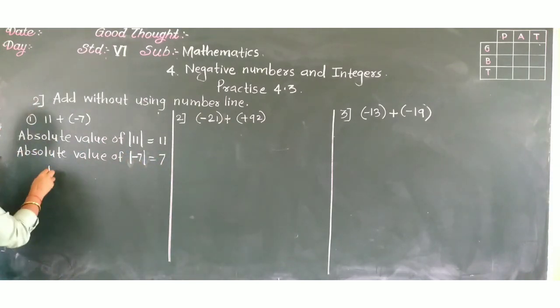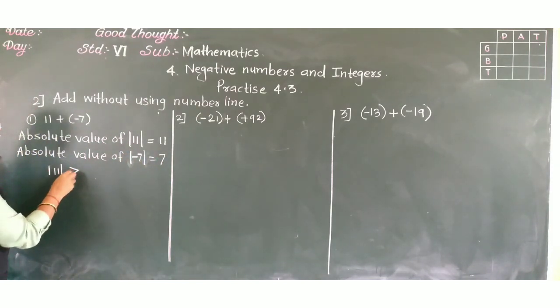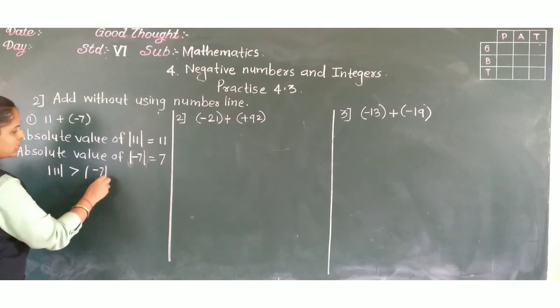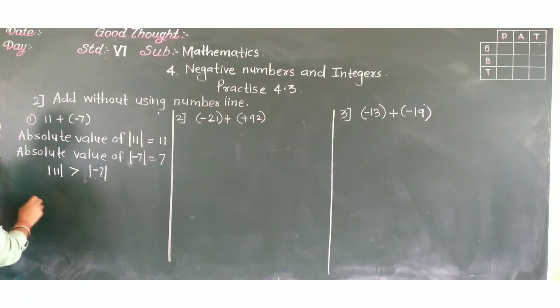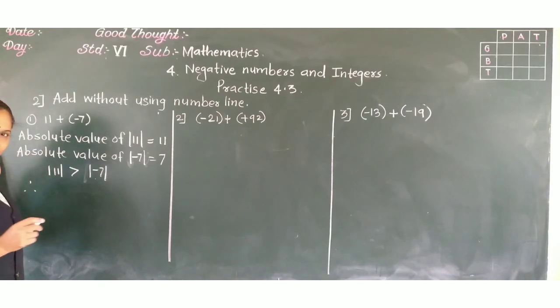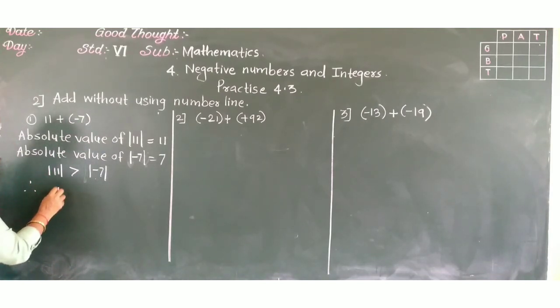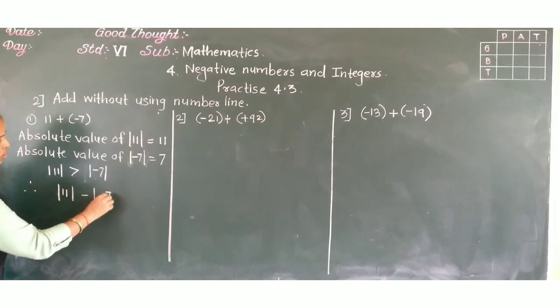Correct? Now compare. Absolute value of 11 is greater than absolute value of 7. Correct? Therefore, in this case, we have to subtract their absolute values. So, absolute value of 11 minus absolute value of 7.